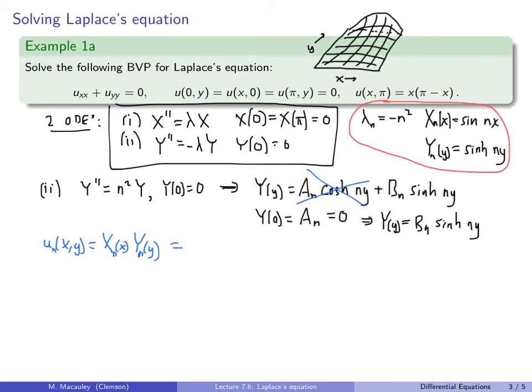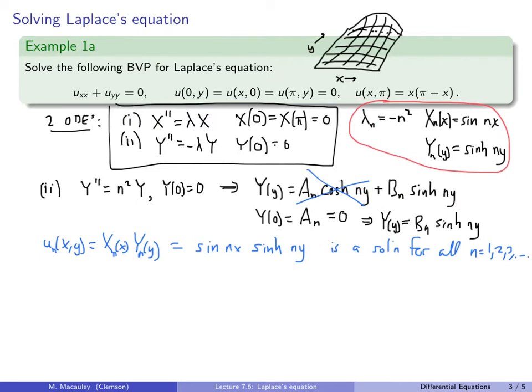So we have a solution of the form sine of nx times sinh of ny, for all n equals 1, 2, 3. And notice I'm not going to use n equals 0, because then we have the zero solution, and we don't need that.